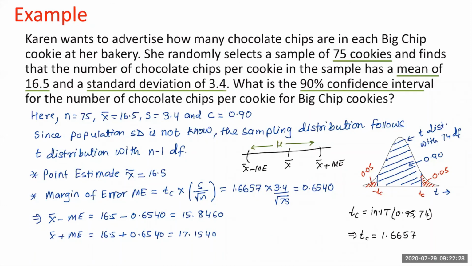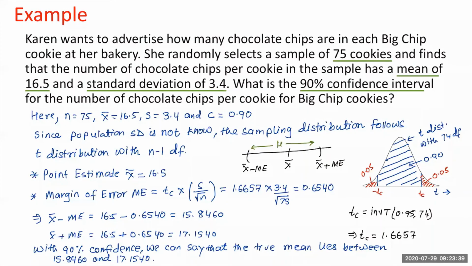The meaning of that is, with 90% confidence, we say that the true mean lies between 15.8460 and 17.1540. So that will be our conclusion. Let's write that down. One more time, with 90% confidence, we say that the true mean lies between 15.8460 and 17.1540.